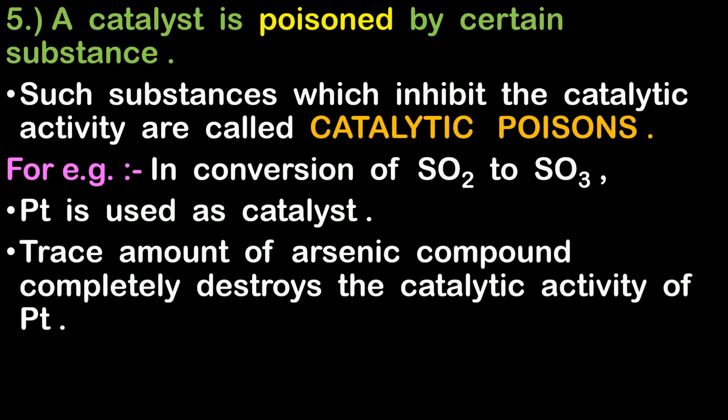Platinum will not be able to work as a catalyst, and it will not be able to increase the rate of the reaction. And this is happening only because of the arsenic compound being present. So this arsenic compound, which inhibits the catalytic activity of platinum, is called your catalytic poison. Clear with this? This was a very easy point, nothing difficult with this.